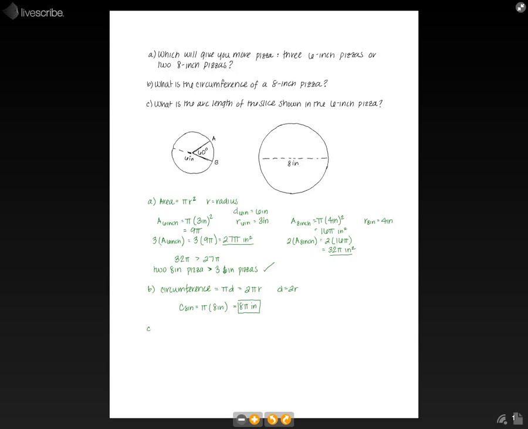Okay, that's Part B. Part C says, what is the arc length of the slice shown in the 6-inch pizza? Alright, so we're talking about this slice right here. Alright, so we know that the ratio of the length of a given arc to the circumference is the same as the ratio of the measure of that arc to 360.